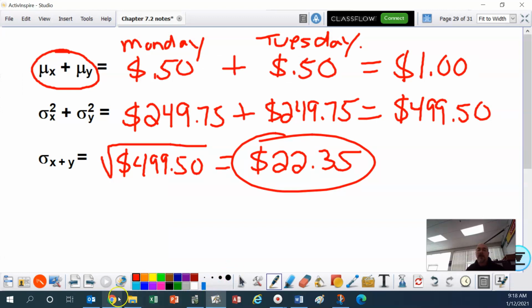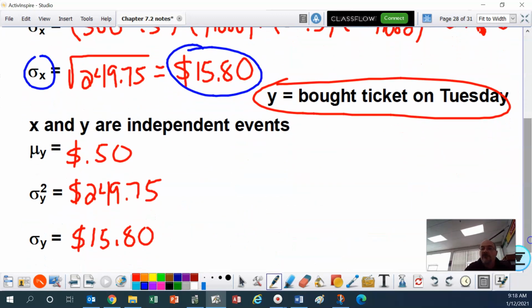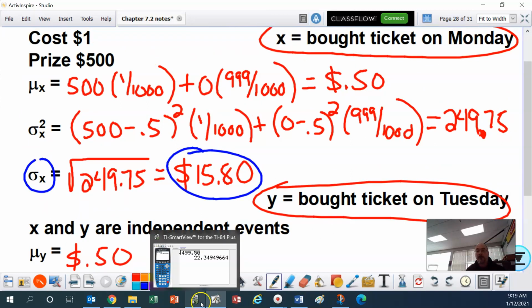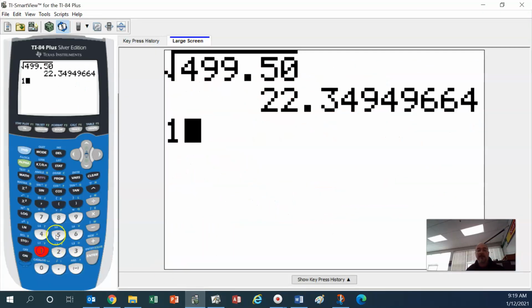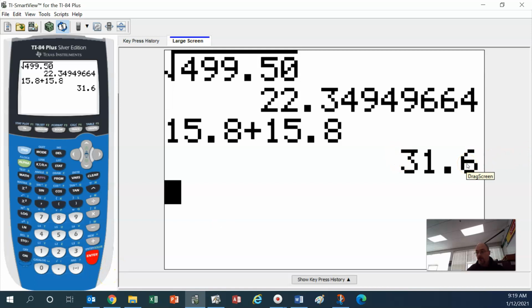Now, if you remember the standard deviation of the single day, Monday or Tuesday, is 15.80. And you'll notice if I add 15.80 plus 15.80, that definitely is not the $22.35. Okay, that is not correct.